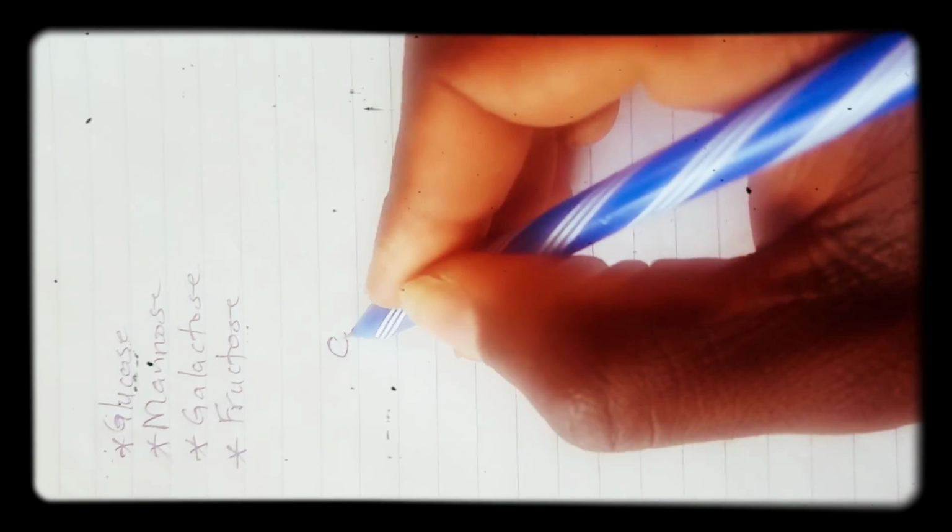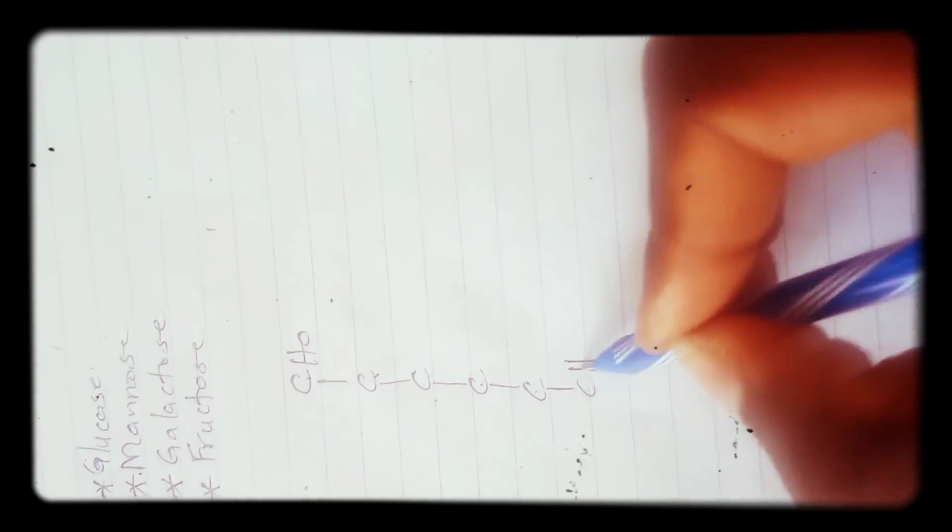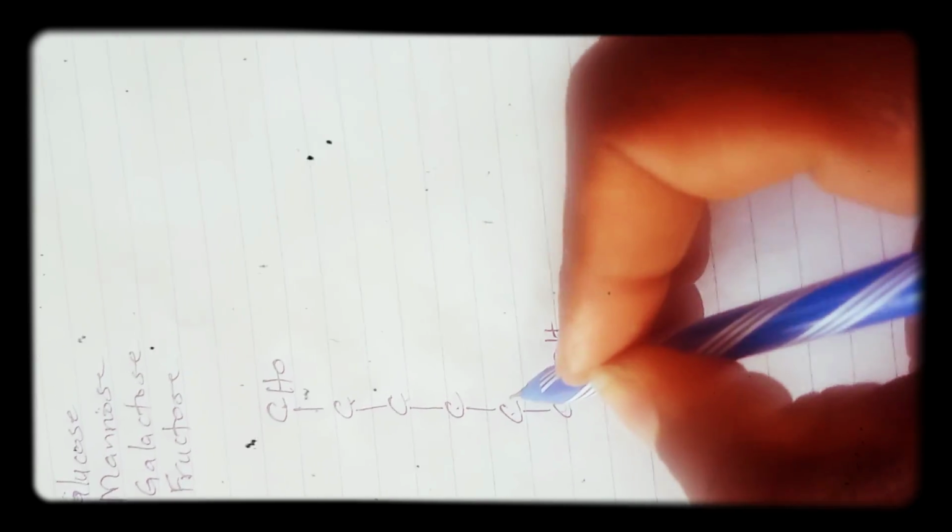Anywhere glucose will have this kind of structure everywhere in this world. It will have 6 carbons, 1 2 3 4 5 6. This is our glucose.